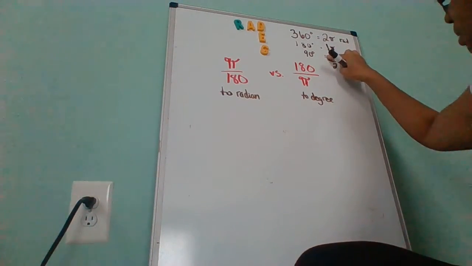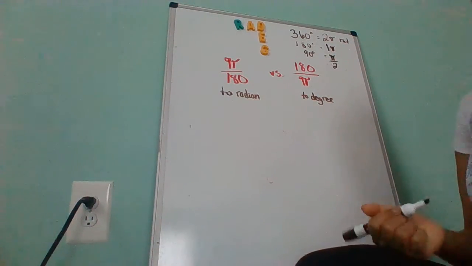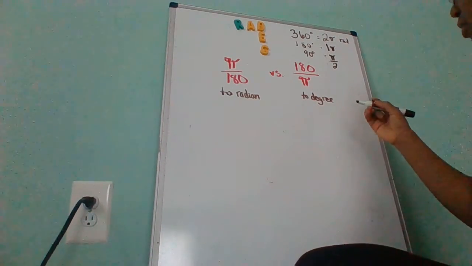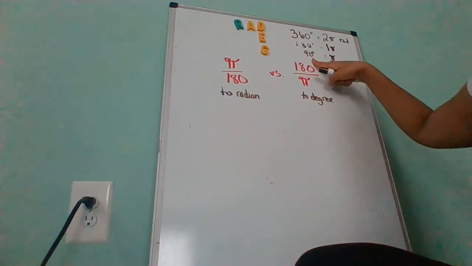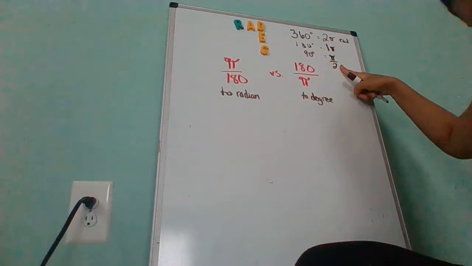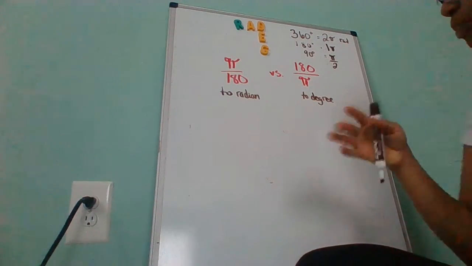But we know that the ones don't really matter when we're dealing with multiplication. And then we could even take it one step further. If I wanted to do 45 degrees, I could take half of this, and that would be 1/4, or we would call that pi over 4.